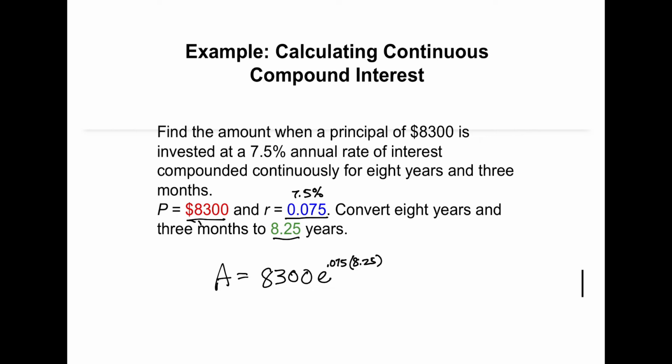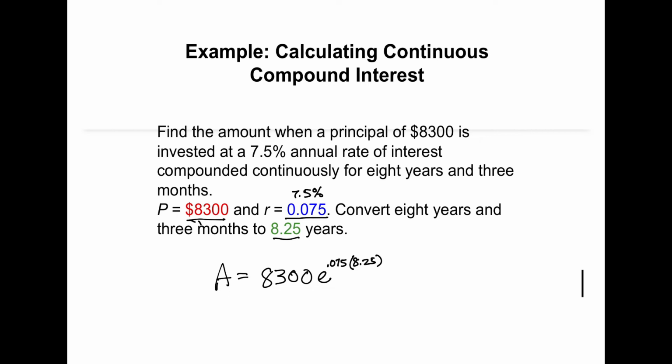The e button on your calculator is something you want to look for. On some calculators, it's written above something, but usually you're going to look for e to the x. Mine is written above the LN button next to 4 on my TI-83/84, and so I have to hit second to get to it. So I'm first going to type 8,300.